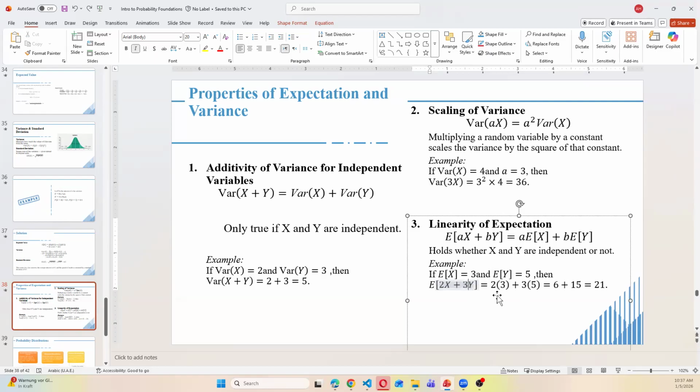So it does not matter. I can write it as 2 times the expected value of x plus 3 times the expected value of y. It is the same whether you take the constants out of the expectation or solve it together.